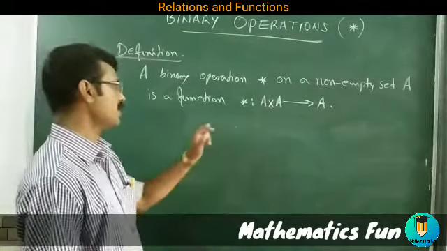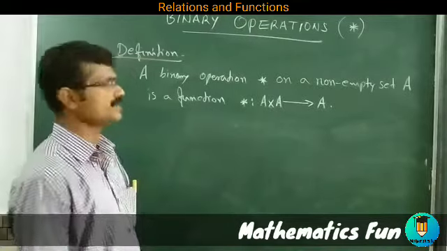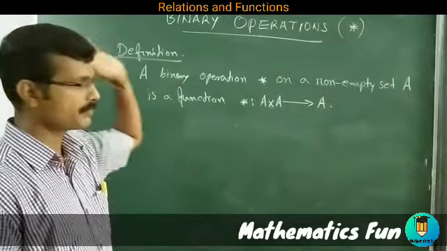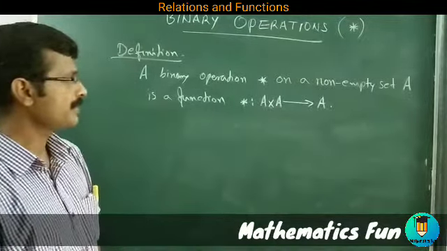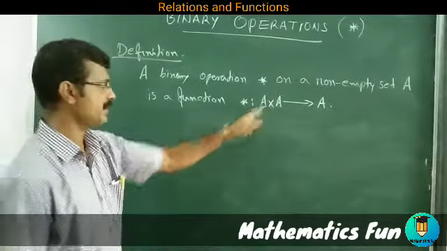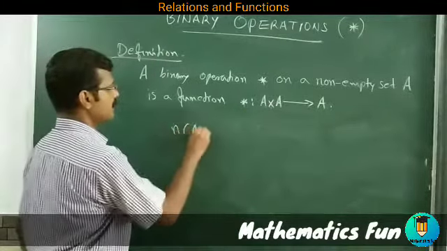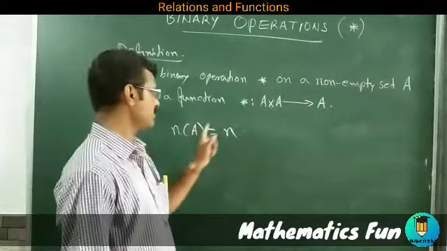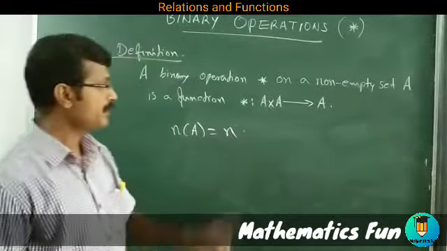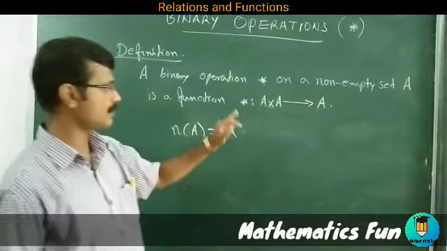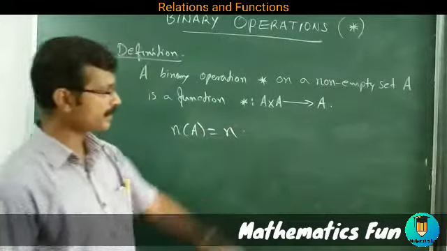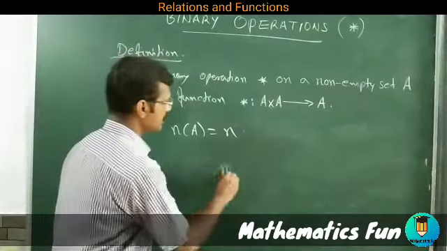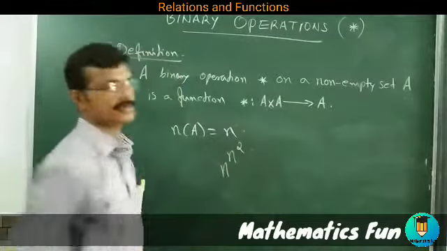Now one more result that you came across in the previous exercise. How many binary operations? Suppose the set A has n elements. The number of elements in A is n. Then the number of binary operations on A is n to the power n square.